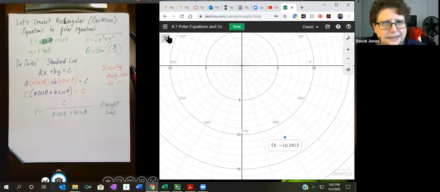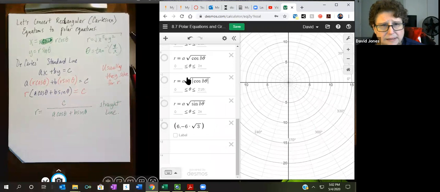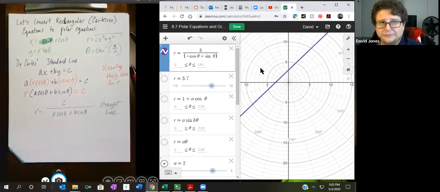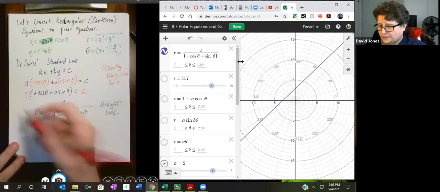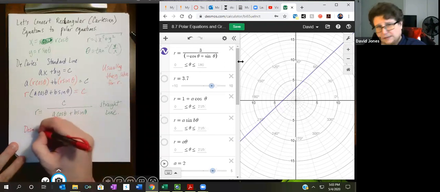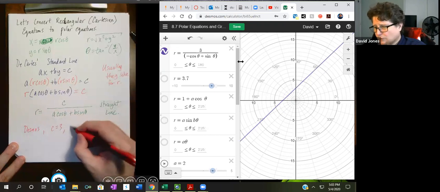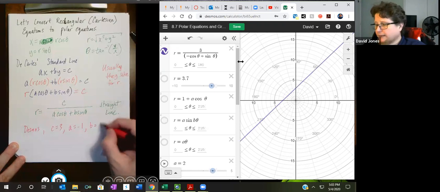Do I have that in Desmos already? I do. See that? So in Desmos, I did c equals 3, a equals -1, b equals 1.